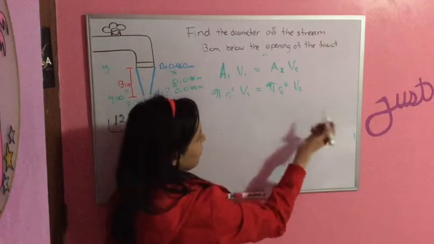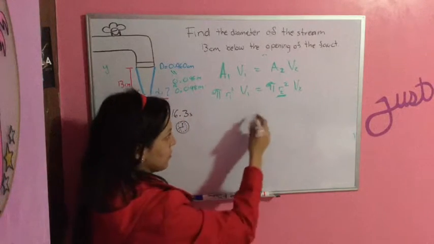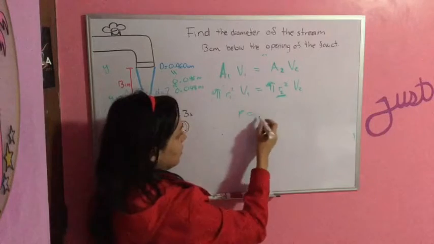Now we only have to isolate r from this equation in order to then have the diameter.